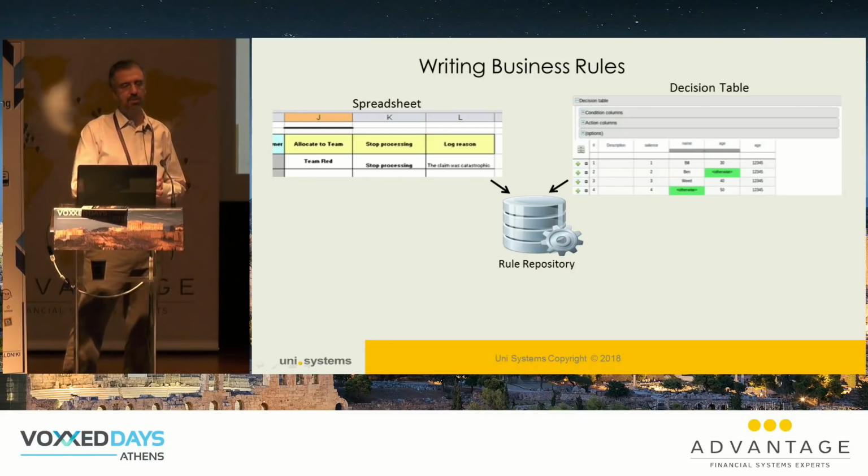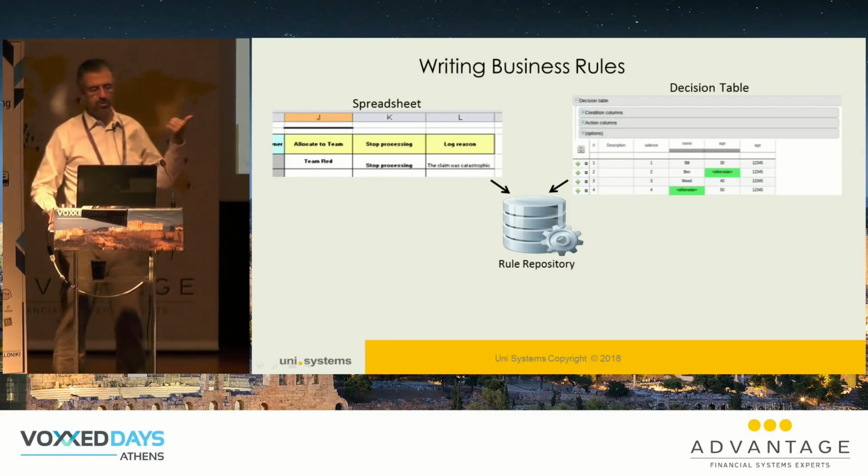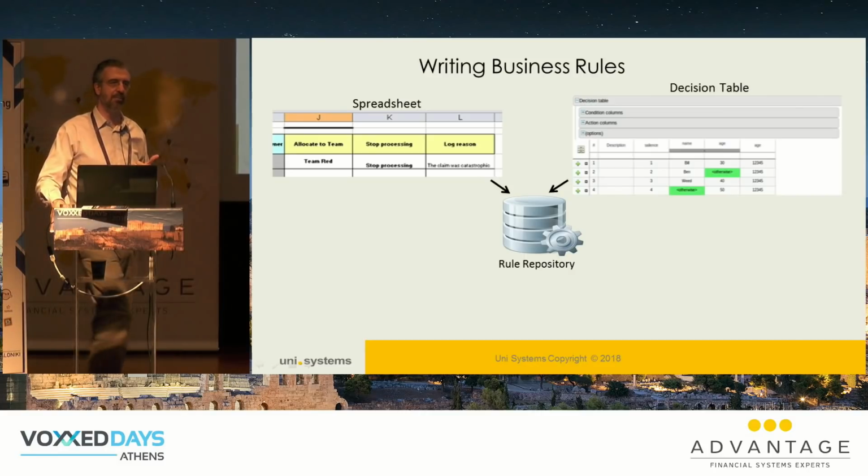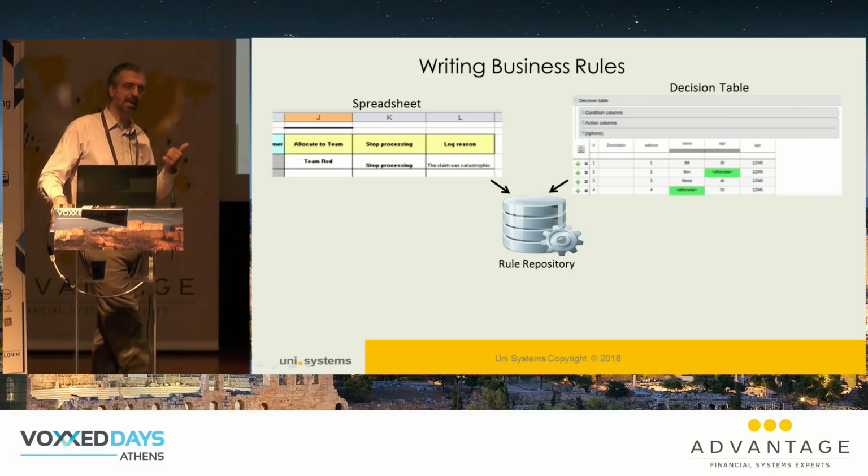How do you write business rules? One approach is what you saw before. It's called a rules language, DRL.